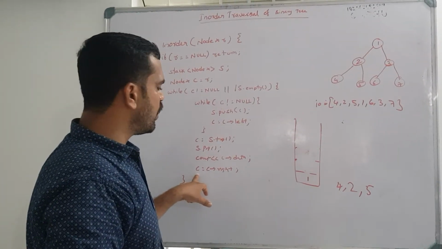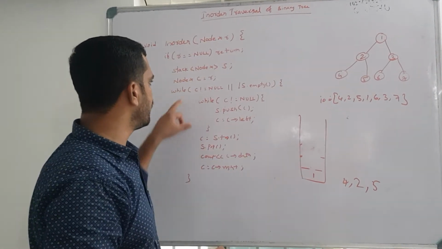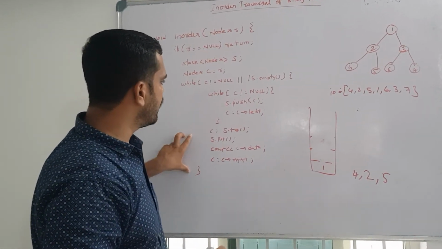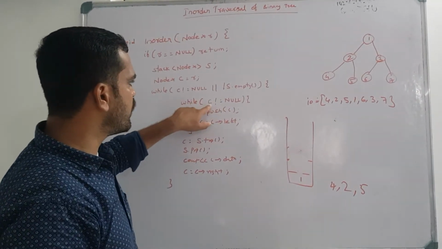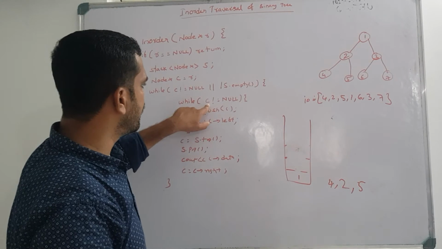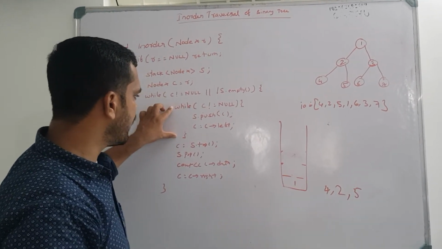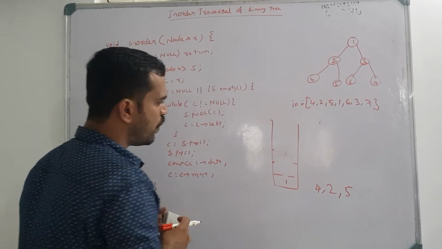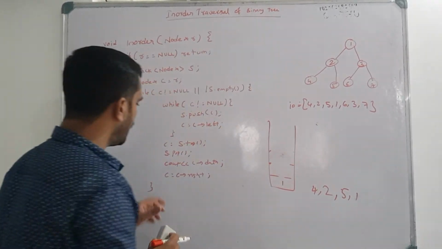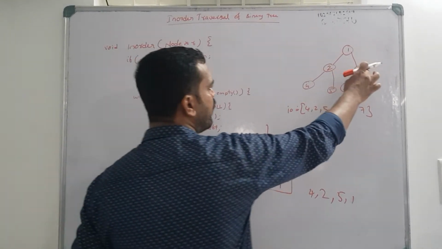Now C's right of 5 is again null, so this will break again. The stack is not empty, so it will come back. C is currently null, so the top will now be element 1. So 1 will be printed and C becomes C's right, and 1's right will become 3.